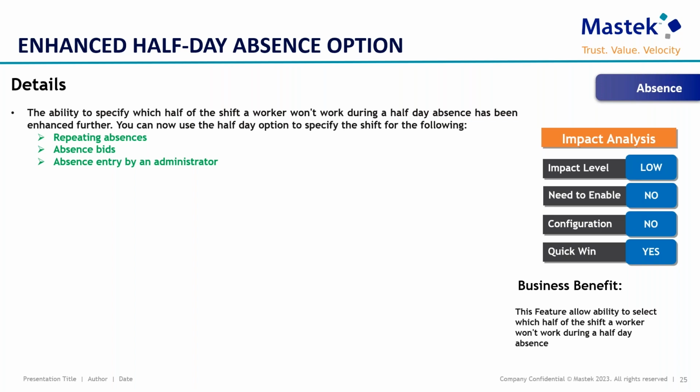This allows us to make changes on repeating absences, absence bids, and absence entry by an administrator. In all of these cases, we can now add the half day based on a specific time duration, instead of just selecting half day without the duration.